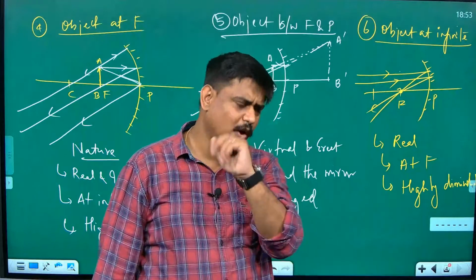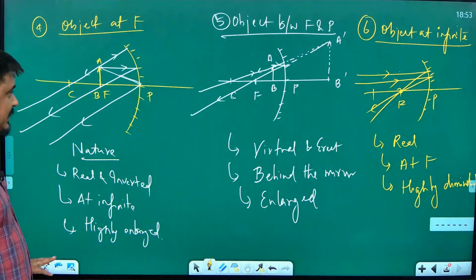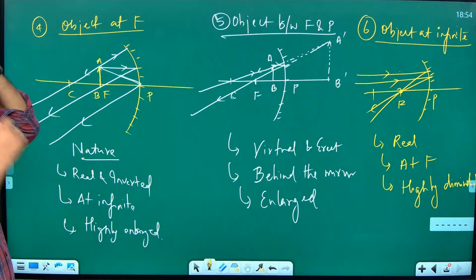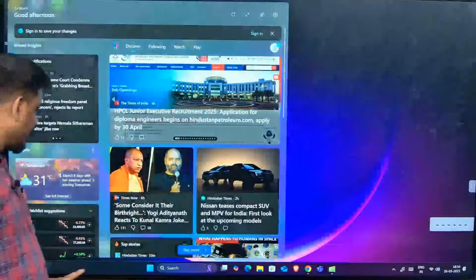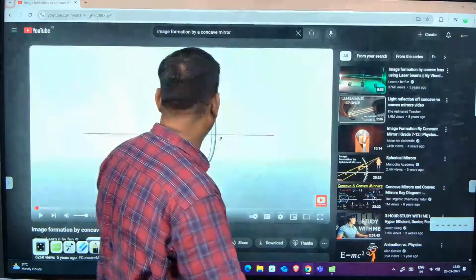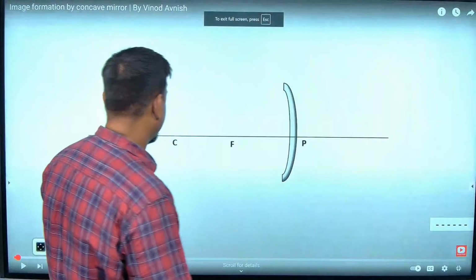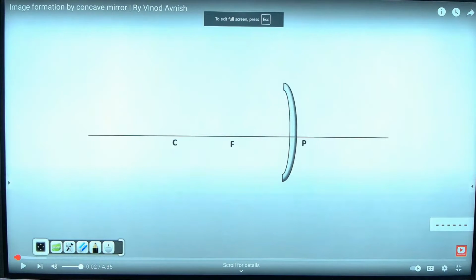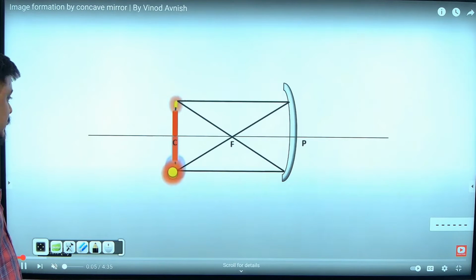Sure? Okay. If some of you have some problem in how the image is forming, if you are not able to visualize it, I have a small video kept ready to show you how the image formation takes place. I think it is visible to everybody who is there in the offline also, isn't it?